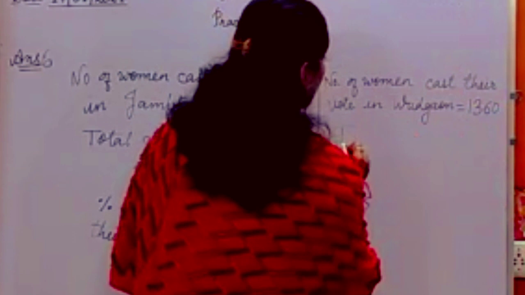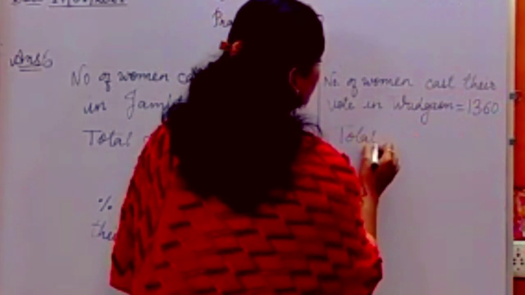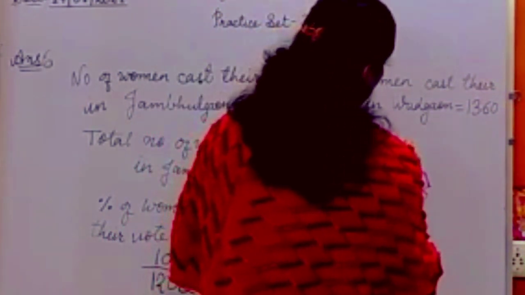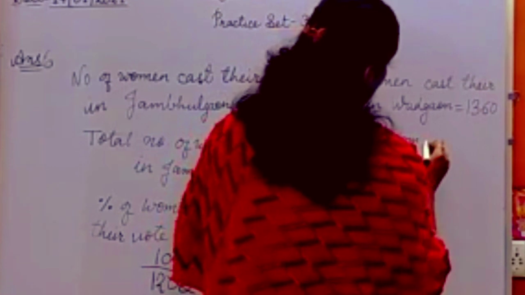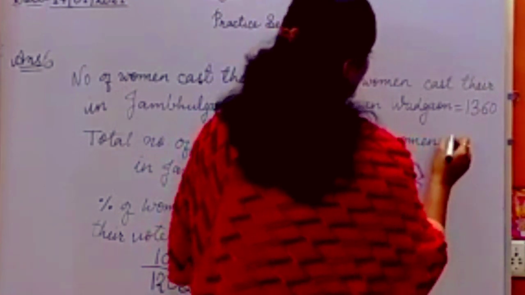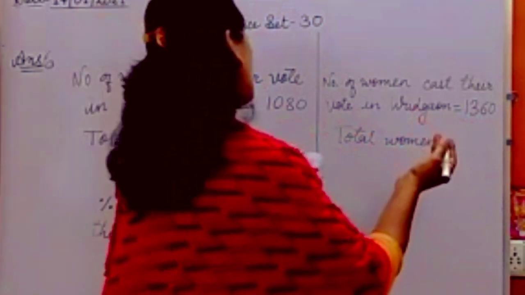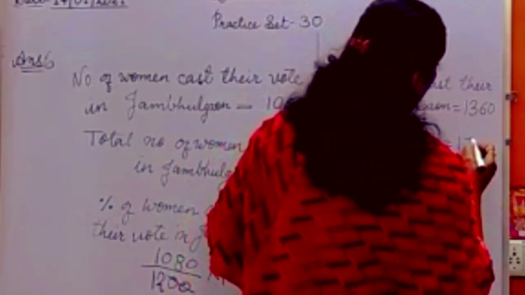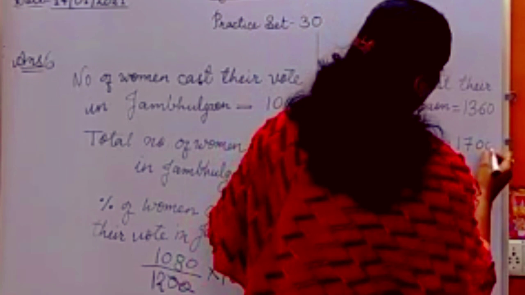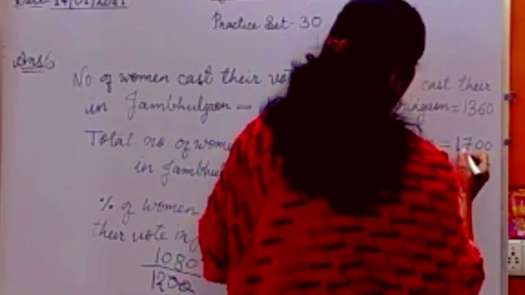Here the total women are 1700, and 1360 cast their vote from 1700 number of women. Okay.